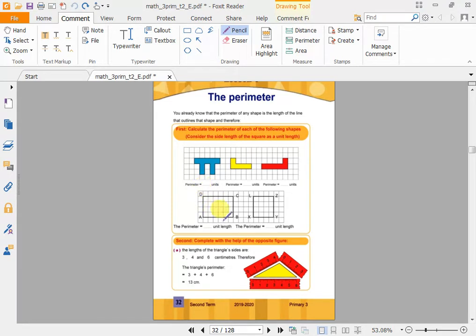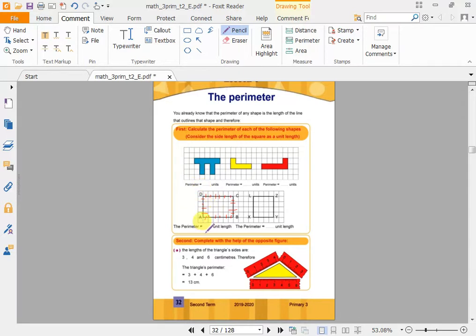Count with me this shape. 1, 2, 3, 4, 5, 6, 7, 8, 9, 10, 11, 12, 13, 14, 15, 16, 17, 18, 19, 20.